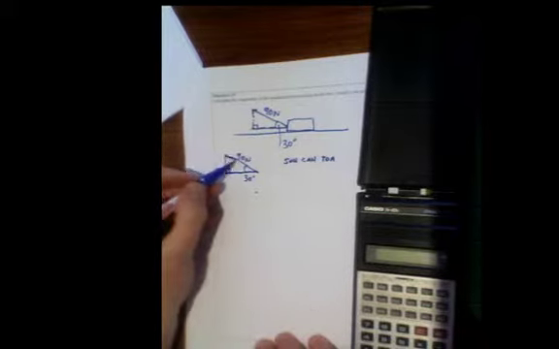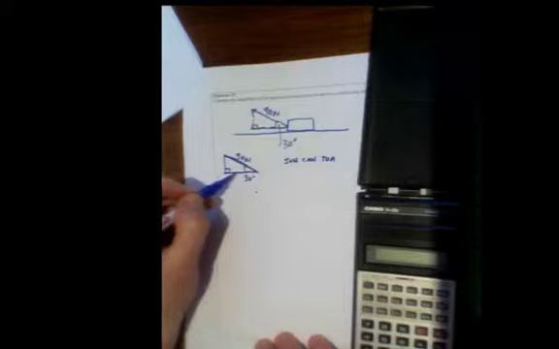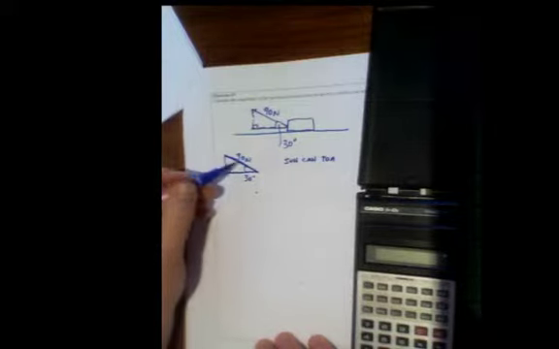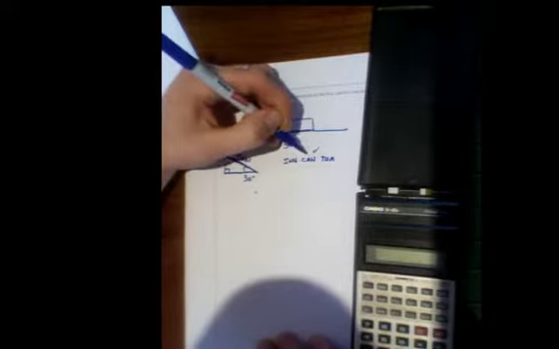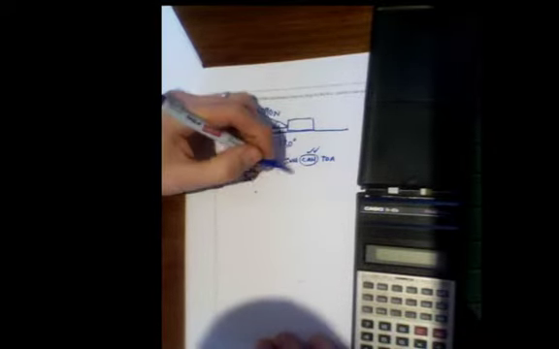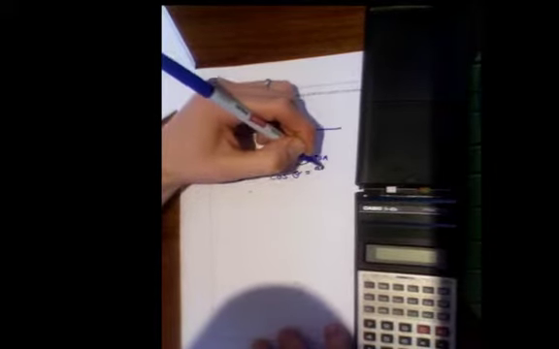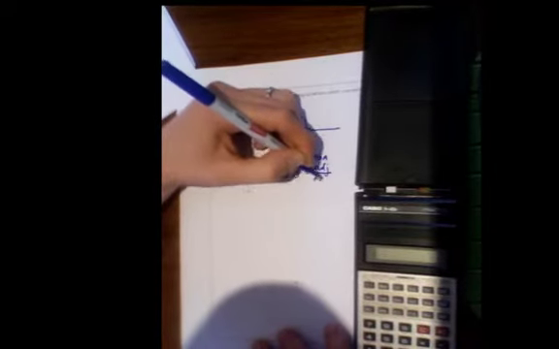This is the hypotenuse, the longest side, and the edge of the triangle we want to find is the adjacent, the one next to the angle. So hypotenuse and adjacent. So it's cos theta equals adjacent over hypotenuse. Alright, we fill in our numbers.